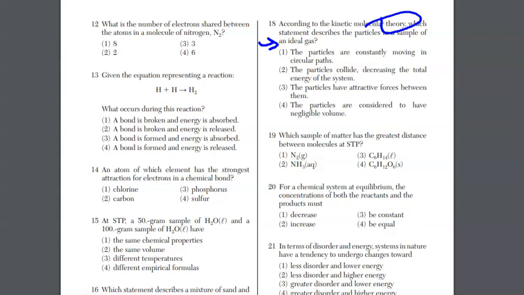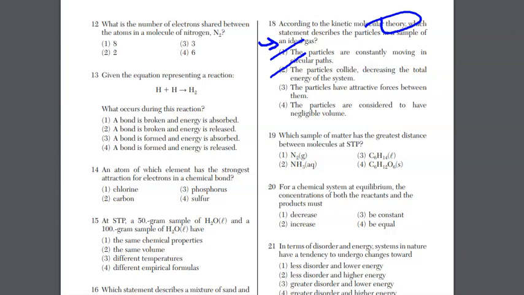So we got to watch the wording here, right? Which statement describes the particles in a sample of a gas? So this is a true statement. Are they constantly moving in circular paths? That's false. That's not the answer. When they collide, is it decreasing the total energy of the system? No, that's not true. That's not the answer.